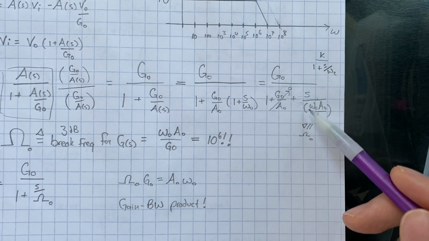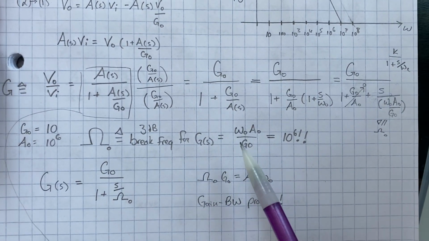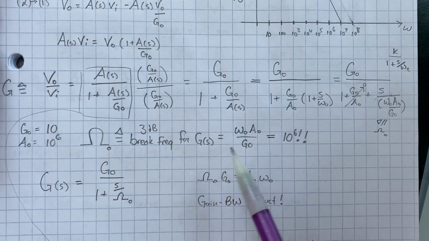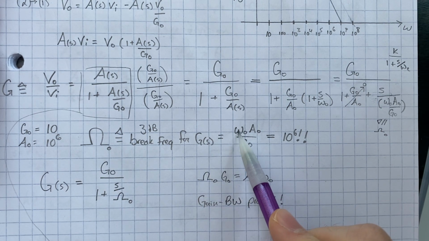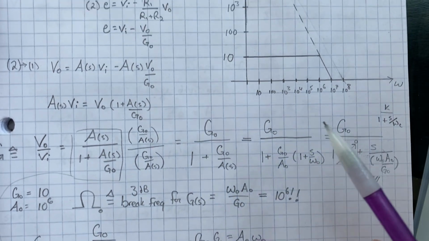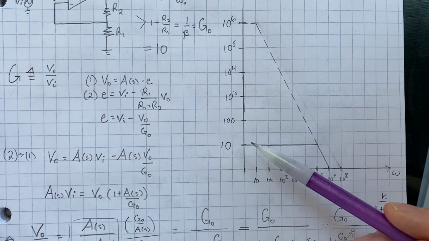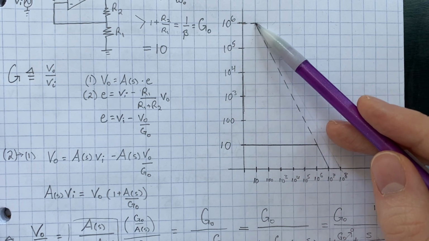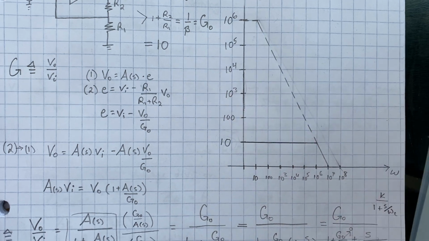If we define this as big omega naught, we have a gain bandwidth trade-off. If we take big omega naught times G naught, bandwidth times gain equals bandwidth times gain. So no matter what our network is, we're always going to have this trade-off where the low frequency constant gain times the bandwidth, or where the 3 dB point is, that product will always be equal.